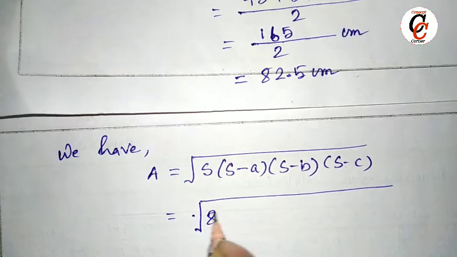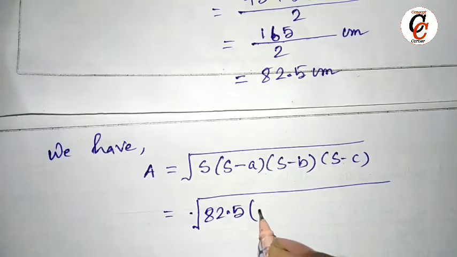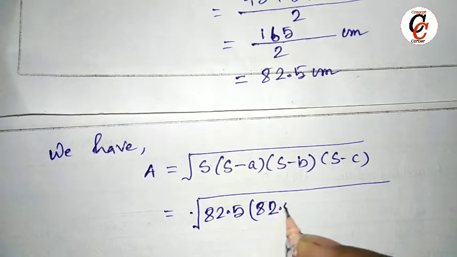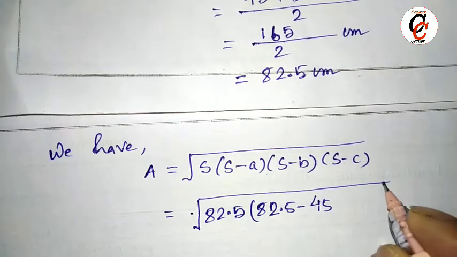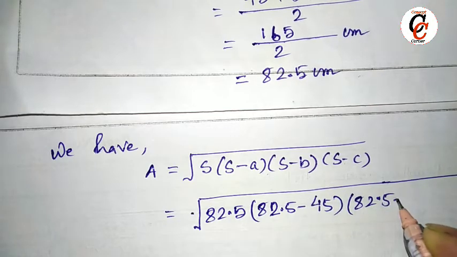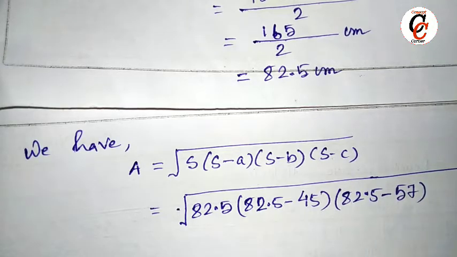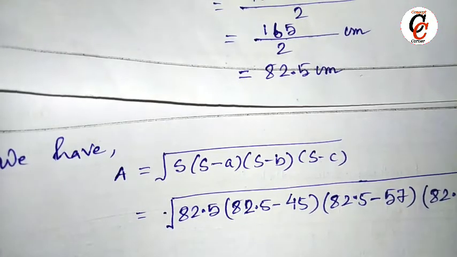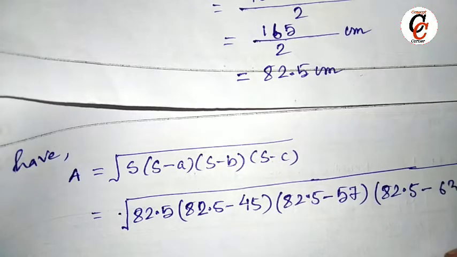S means 82.5, s minus a means 82.5 minus 45, all into 82.5 minus 57, 82.5 minus 63.